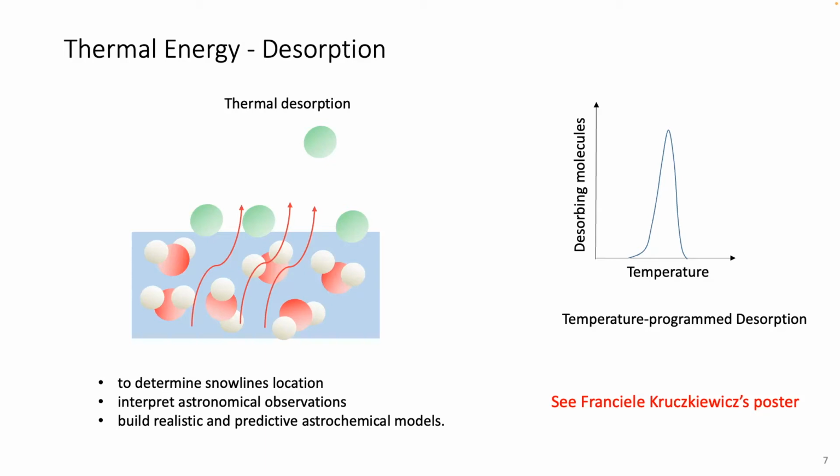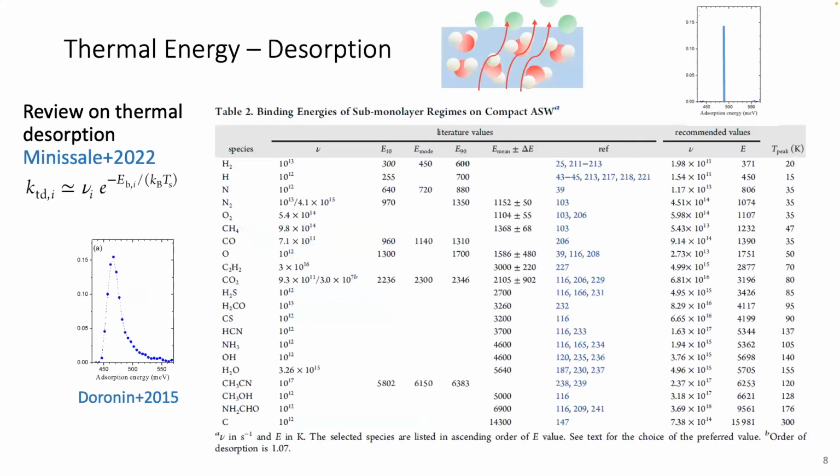You can see Francesca Kruszkiewicz's poster if you want more information on this technique. And I just want to highlight a recent review on thermal desorption by Marco Minissale and co-authors. They really make a complete review of this process.